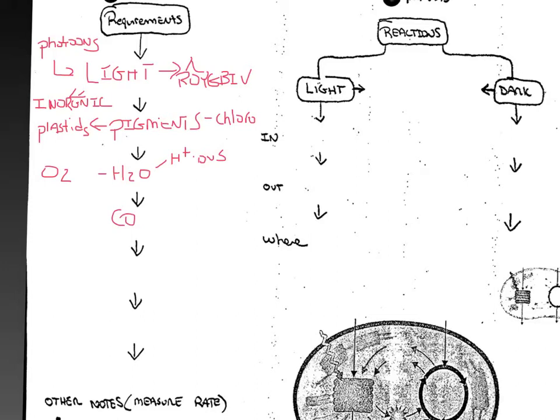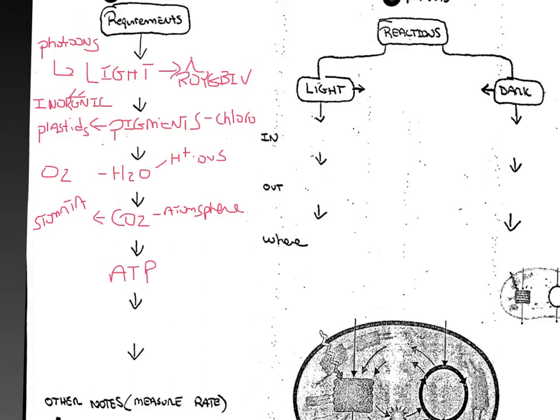CO2 is another requirement that's taken in from the atmosphere. All right, animals breathe it out, and it's also a result of fossil fuels being burned. Our plants will absorb the CO2 through their stomata. Another requirement is ATP.